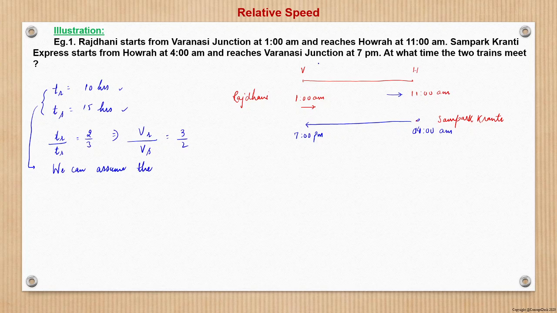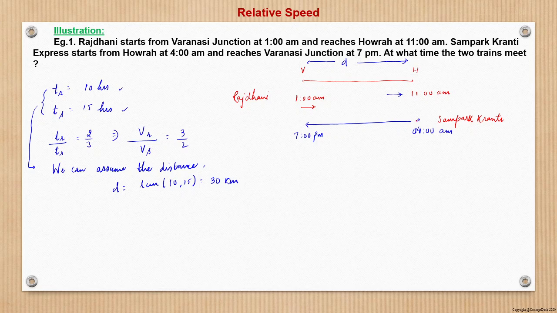Let the distance be d. Assume the distance d is equal to the LCM of the times. This method we had seen in our initial discussion on time, speed and distance. So this will be 30 kilometers.